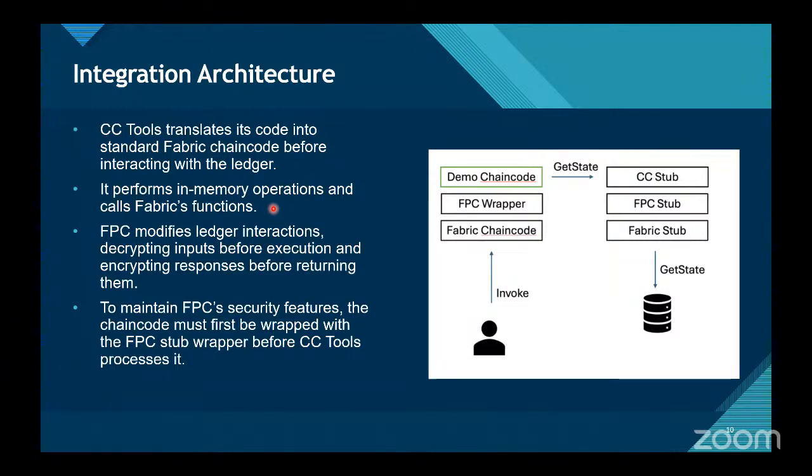So this is the approach we explained in here, that the user itself, when he starts to invoke, he will be faced with the demo chain code itself, which is written in CC Tools stub wrapper, and then gets translated to FPC stub, and then a normal Fabric, and then communicated with the ledger, and vice versa. So this is the cycle of the integration architecture we performed, and we will communicate it in a demo now.